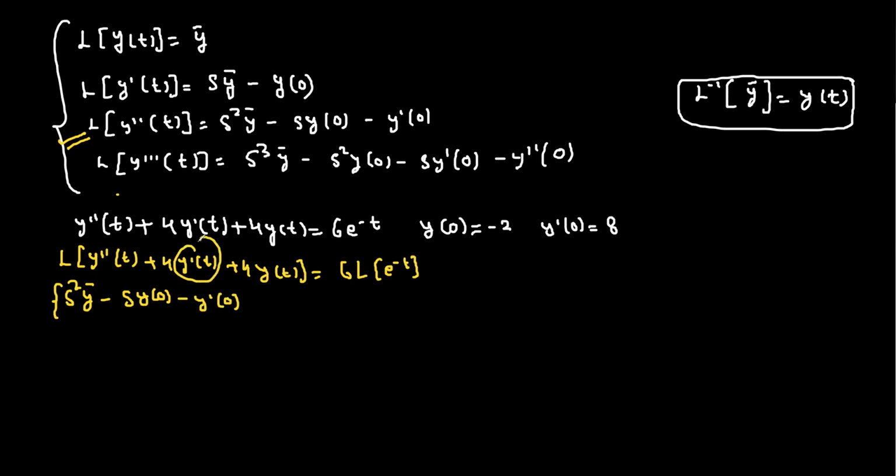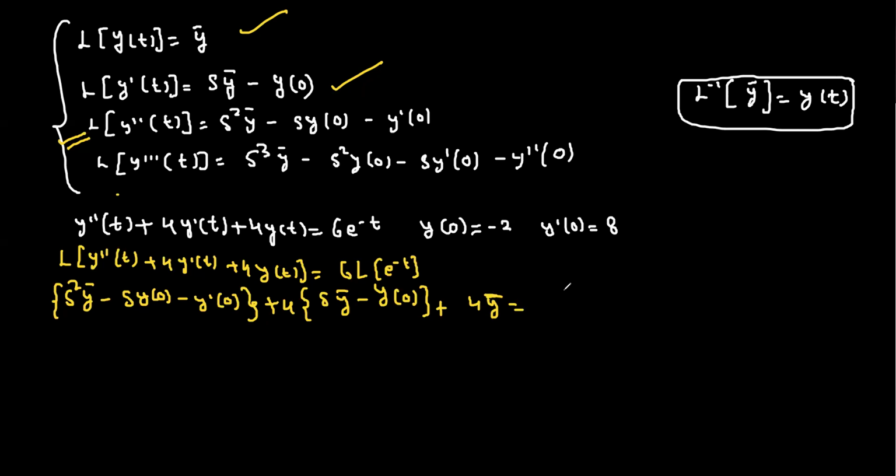And plus 4 y dash t is what? Use this formula: s y bar minus y0. And plus 4 Laplace of y t. And you know the Laplace of e raised to minus t is 1 upon s plus 1. Understood?